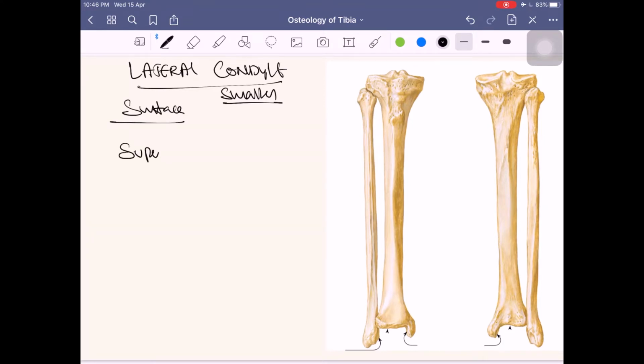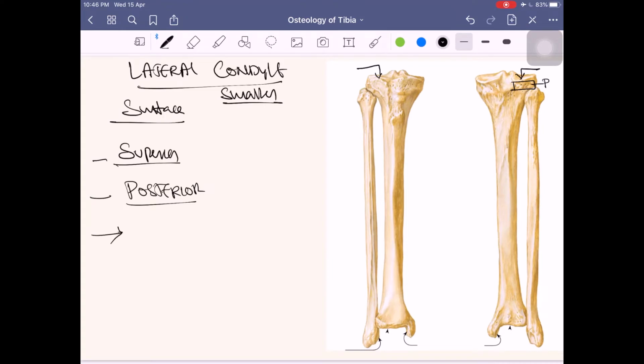It also has a superior surface, which will be on this side. This is the superior surface, and there will be a posterior surface. This is your posterior, the back side. This small area that you are seeing, where I am writing P, is the posterior surface.